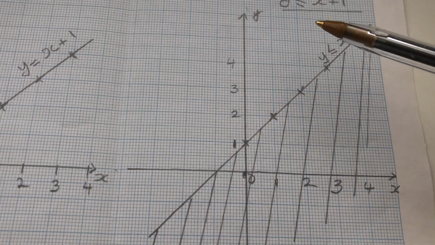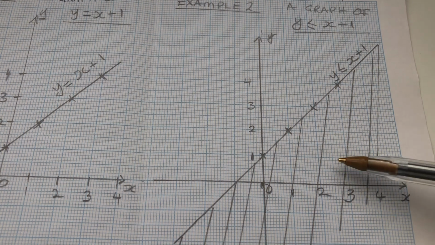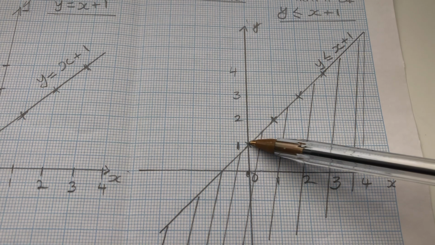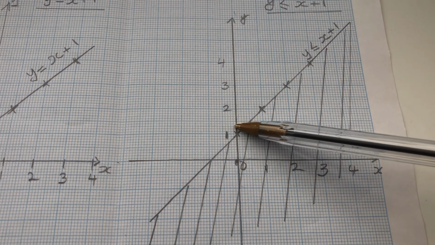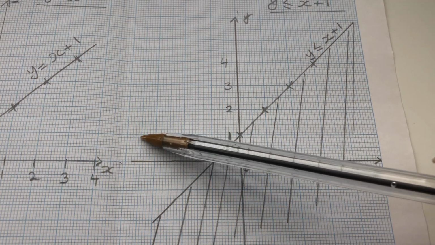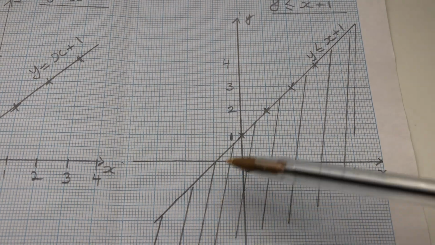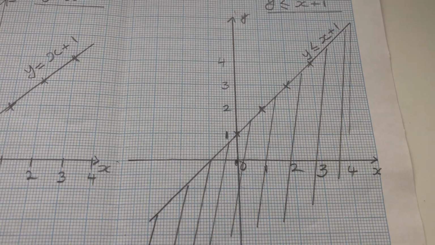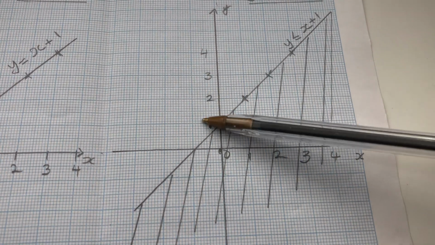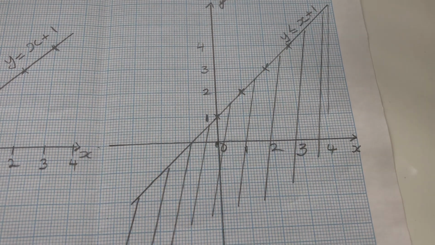Okay, now how do I know that this region is right? Because if I have the line y equals 1 in that direction, I know that everything below that line is less, and everything above y equals 1 will be greater than 1.